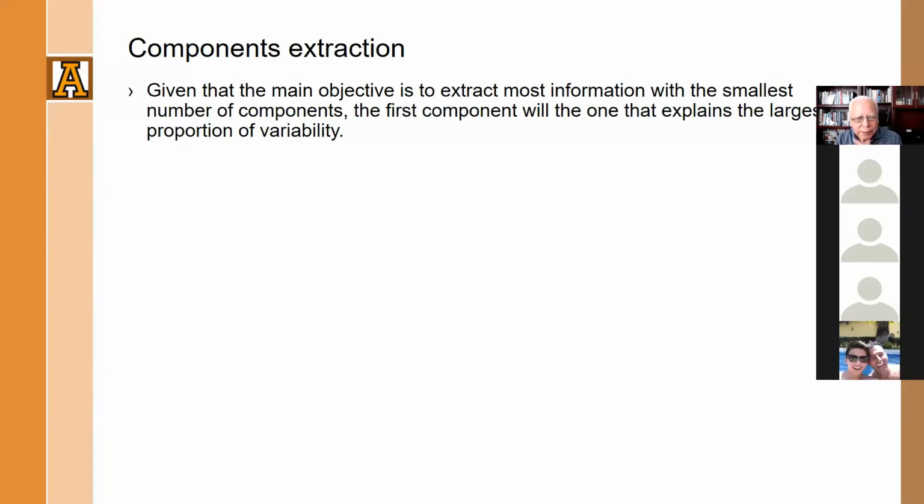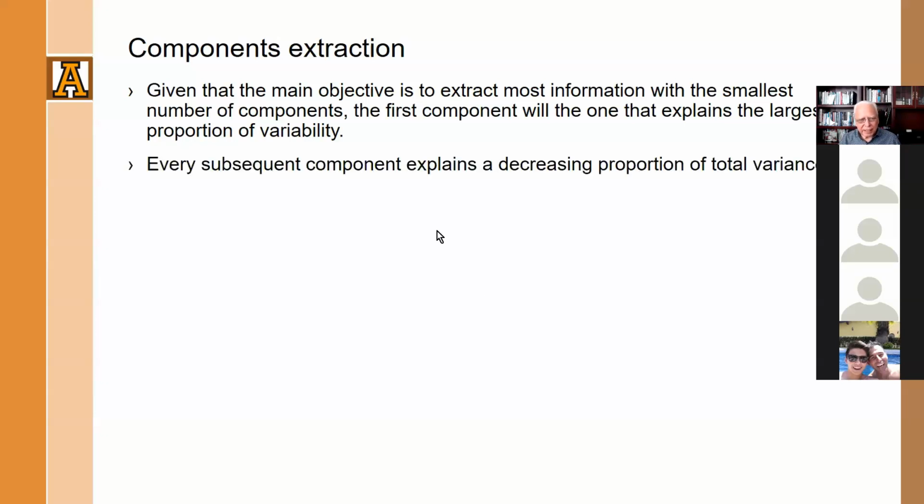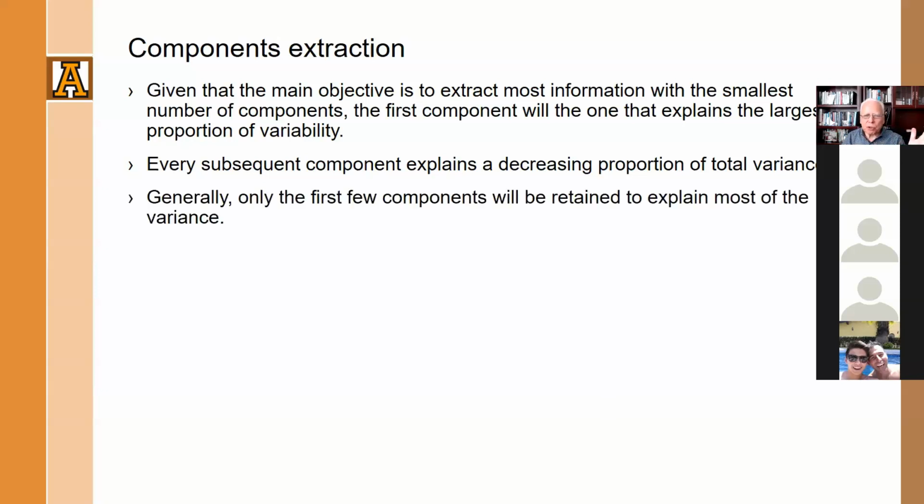In terms of the extraction of these principal components, remember the most important objective of PCA is to try to work with the smallest number of components possible that explain most of the variability in the data that we have. Now, since they're ordered from the one that explains the largest amount of variance to the one that represents the lowest amount of variance, we need to focus only on the first few principal components, those that explain most of the variance.